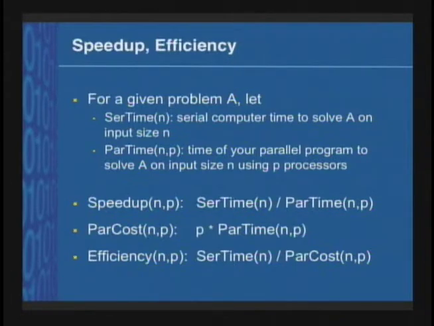Now, there's another measure, efficiency, and it's defined in terms of cost. Another way to think of things in terms of cost is I have my serial program, running for a certain amount of time. If I go to Flux, I'm literally paying cost for how long that program runs on, say, one core, one processor. Now, if I buy P processors, then the total cost is I've got all P, and I'm paying for them for the time that they take.